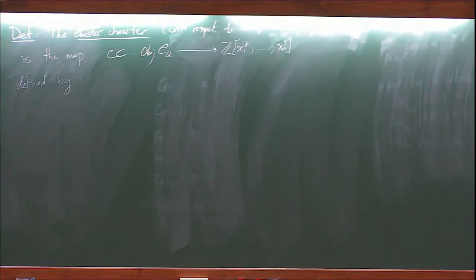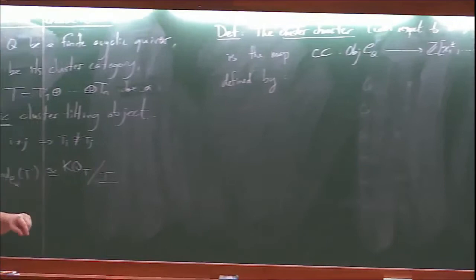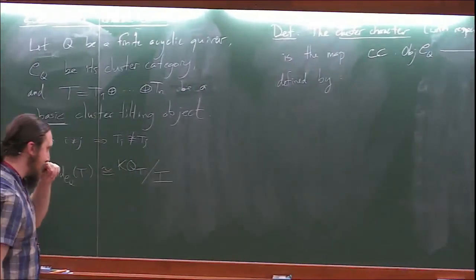I just said that since I assume that T is basic, then its endomorphism algebra is given by a quiver that I'll call Q_T modulo some relations. So this Q_T has n vertices and a certain number of arrows.